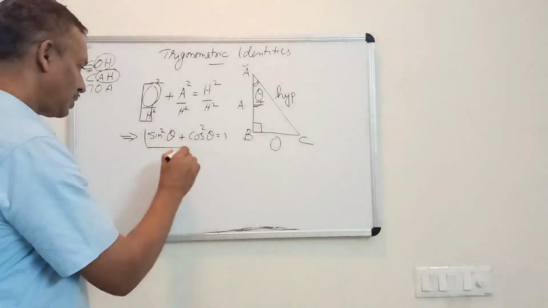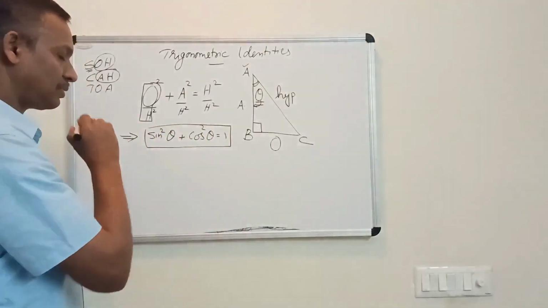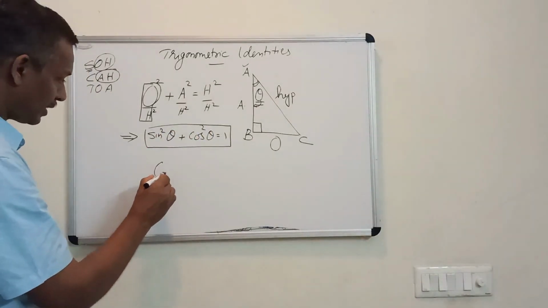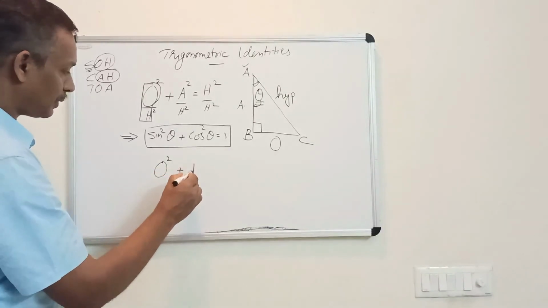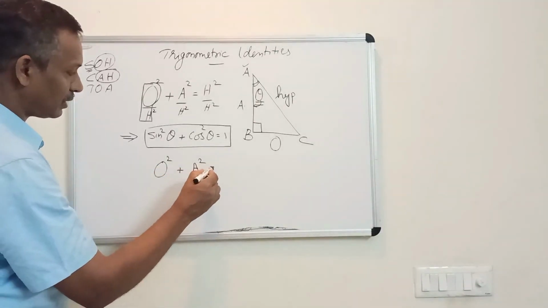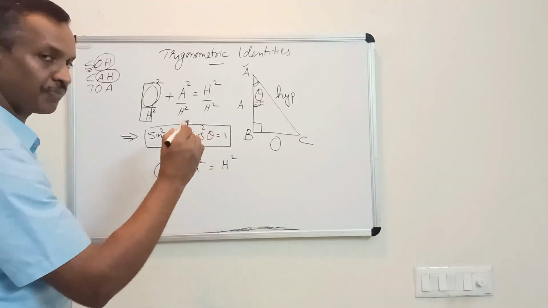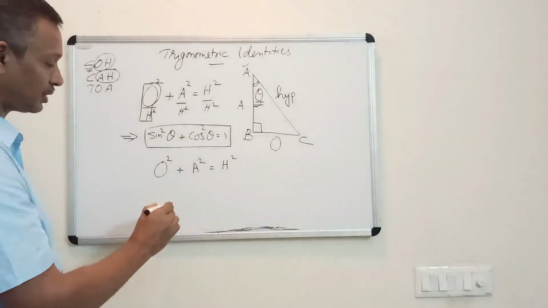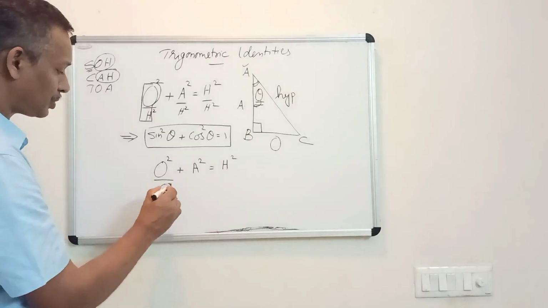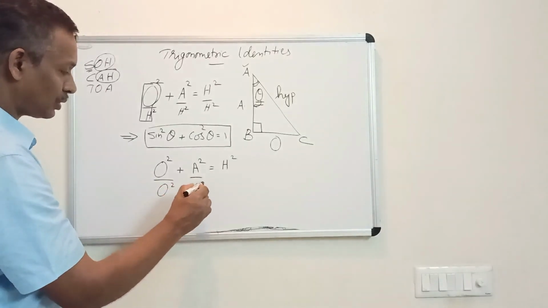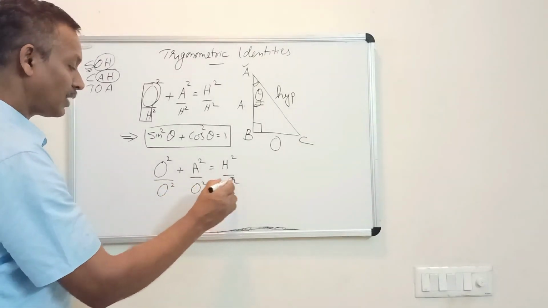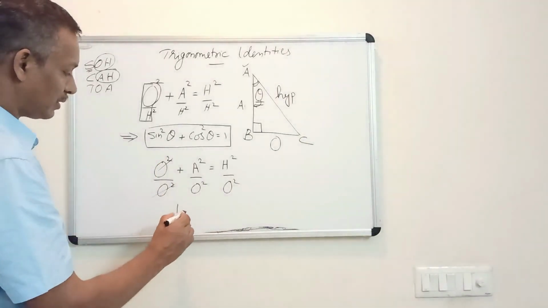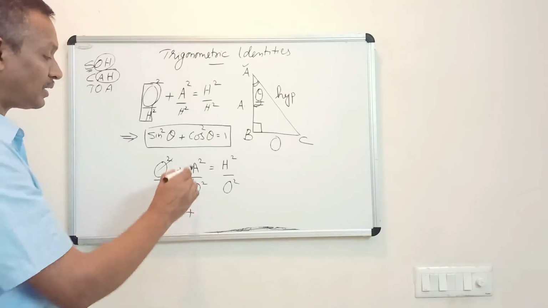So once you got the first trigonometric identity, you can develop the other trigonometric identities like this: opposite square plus adjacent square is equal to hypotenuse square. If you divide throughout by any other than hypotenuse, suppose you would like to divide by opposite square throughout, then opposite square is cancelled in first case, so you get 1 plus adjacent by opposite.